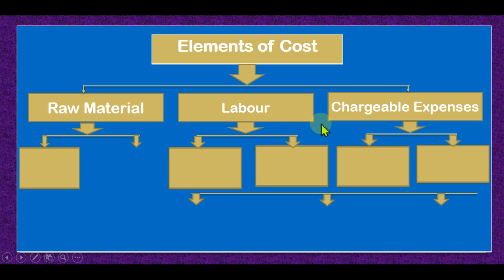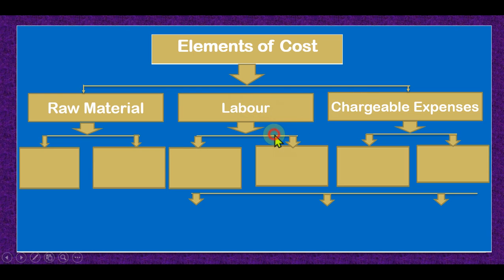Like we need to pay electricity bill, shop rent, factory rent, we need lots of expenditure for running a factory. So easily we understand there are three main elements of cost for producing any product. Number one, raw material. Number two, labor. Number three, chargeable expenditure.